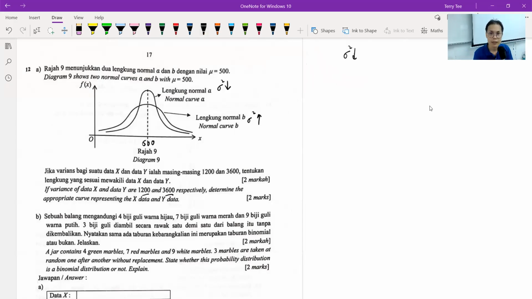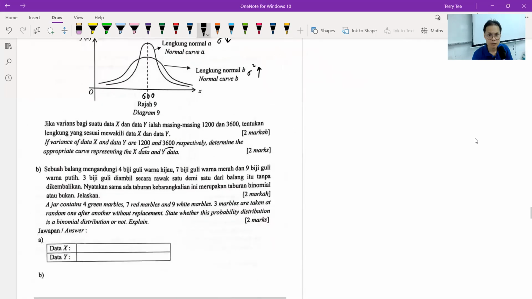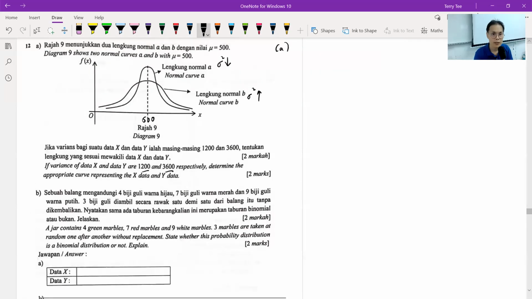So how do you write answer for part A? Okay, I'm supposed to write here. I can write inside here, data x and data y. Okay, so answer for A, determine appropriate curve. So for data x is a normal curve. X has variance of 1002, so it's smaller, right, compared to y.